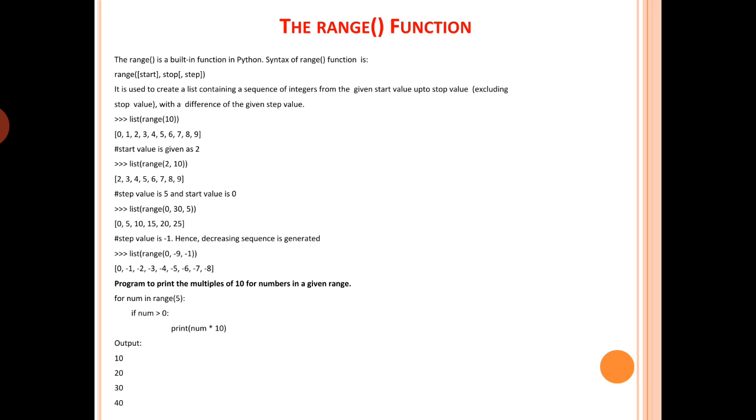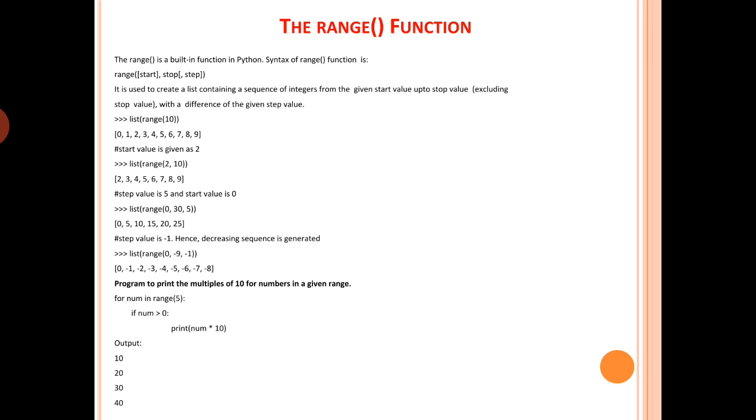If start value is not specified, by default the list starts from 0. If step value is also not specified, by default the value is incremented by 1 in each iteration. All parameters of range function must be integers. The step parameter can be a positive or a negative integer, excluding 0.